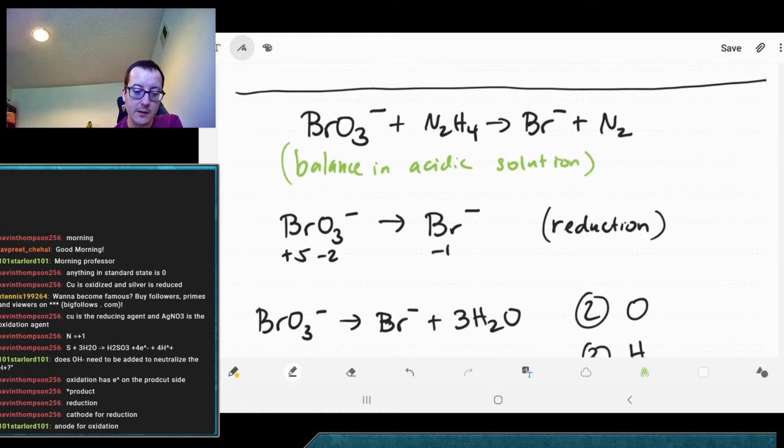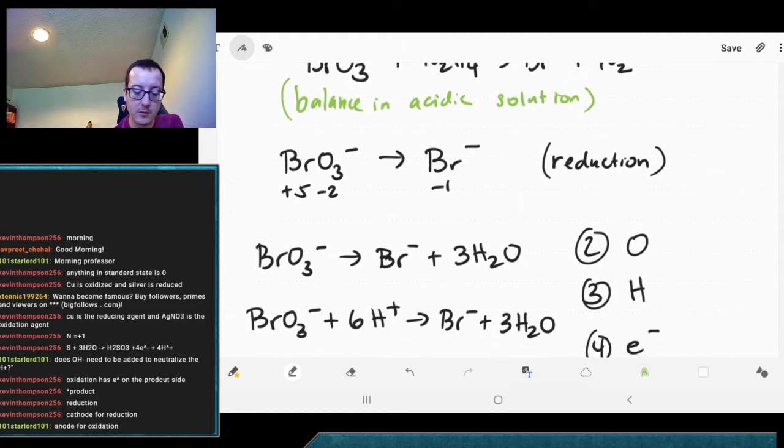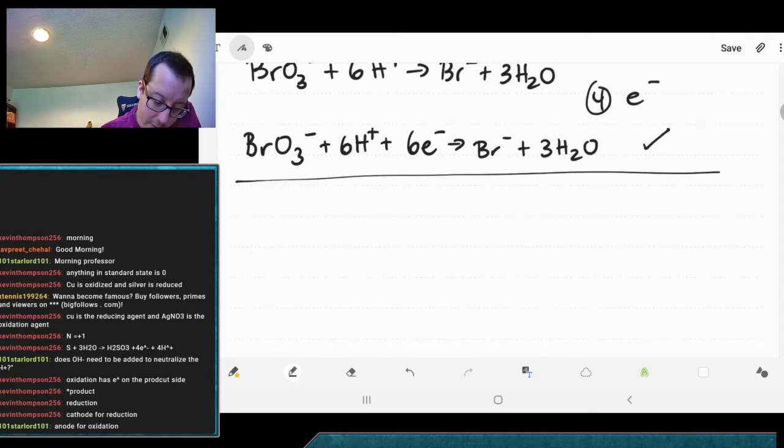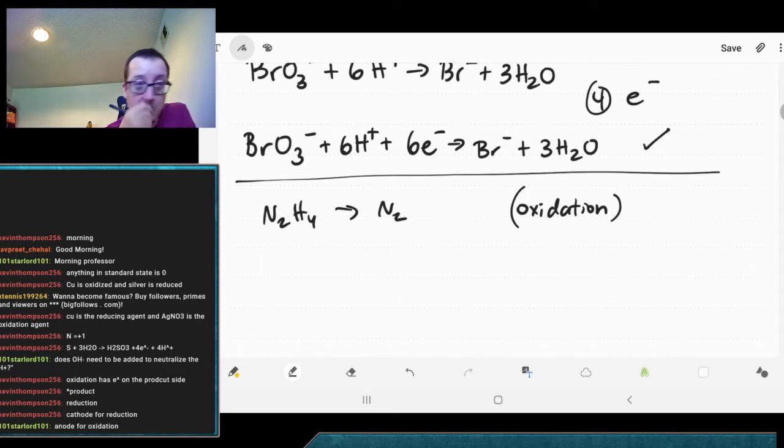We're going to go ahead and do that one. If we look at that one, we had N2H4 turning into N2. Hopefully, without even needing to worry about this, we know this is the oxidation half reaction. We know that because the other one was the reduction, so this has to be the oxidation.